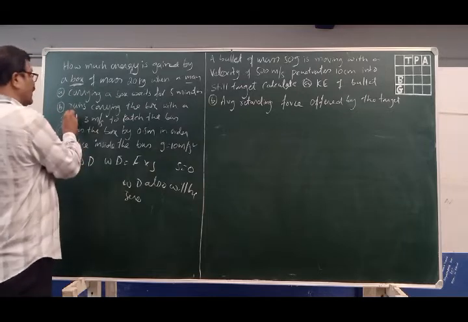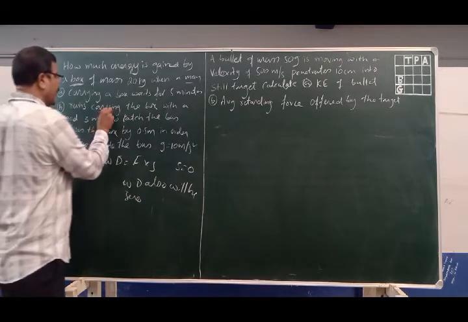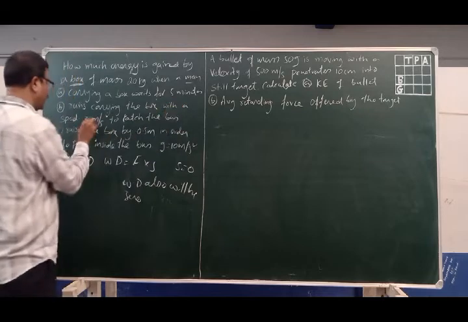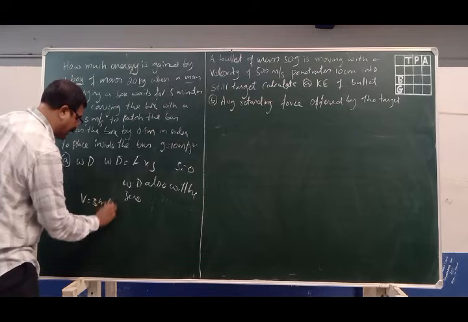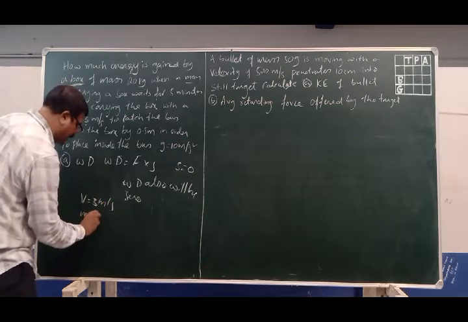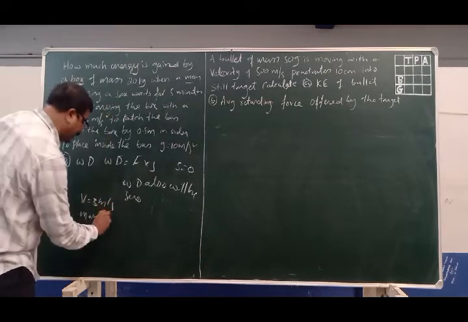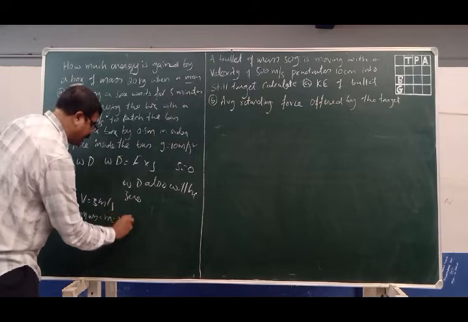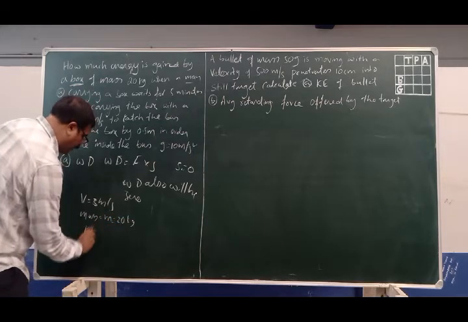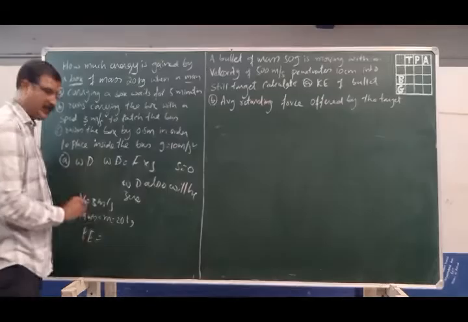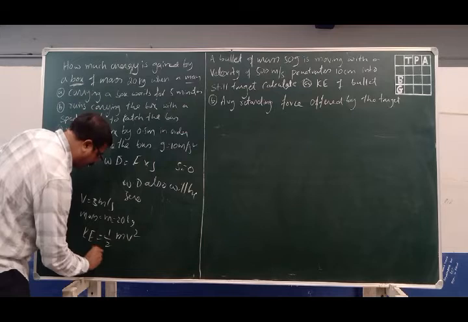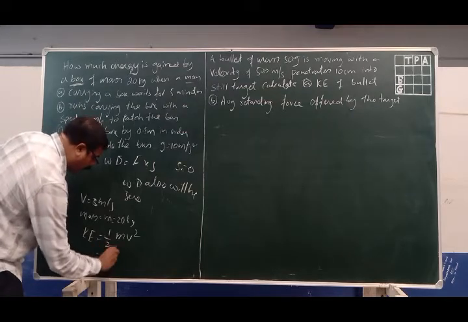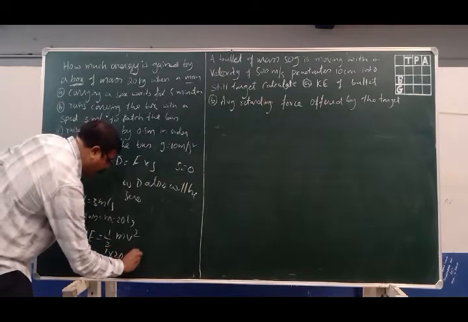Now let us come to the second case. He runs carrying the box with a speed of 3 meters per second. So v he has given as 3 meters per second. What is the mass he has given? Mass m is equal to 20 kg. Therefore, use the formula for kinetic energy. What is the formula we have for kinetic energy? Half m v square. That is half into 20 into 3 square.